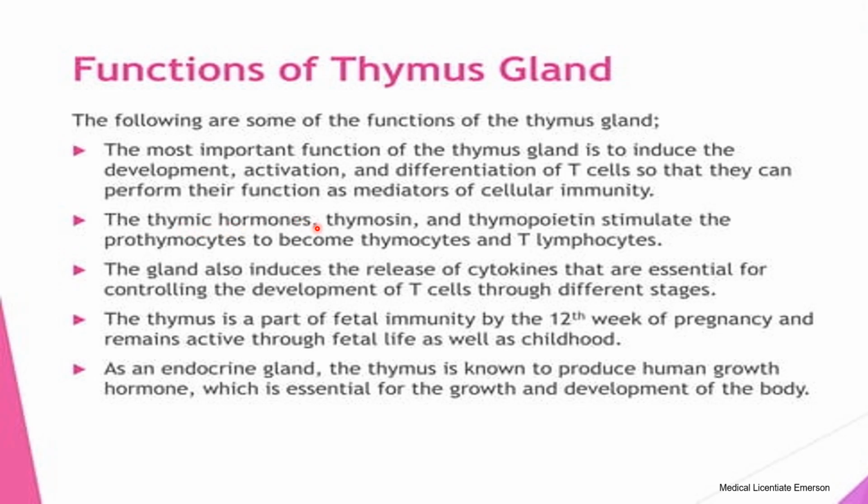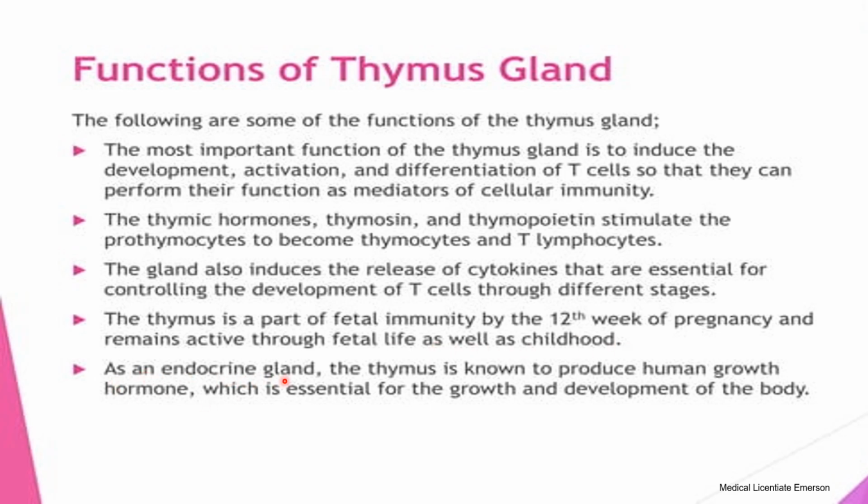Thymic hormones such as thymosin and thymopoietin stimulate the prothymocytes to become thymocytes and T lymphocytes. The gland also induces the release of cytokines that are essential for controlling the development of T cells through different stages. The thymus is a part of fetal immunity by the 12th week of pregnancy and remains active through fetal life as well as childhood.